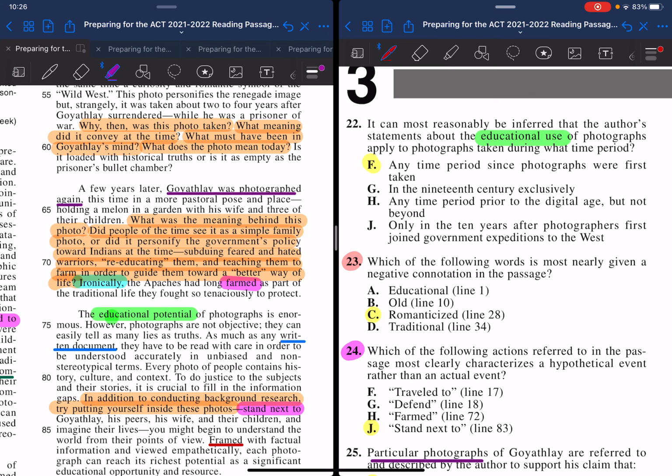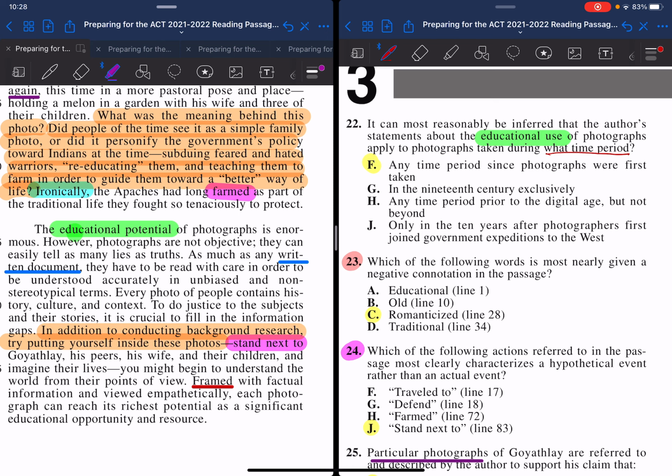It doesn't mention anything about the time period, because the photographs taken of Goloth Lay were taken at a specific time period. But what they're saying is that photographs in general, and when we're talking about photographs in general, that means any time period since photographs were first taken. This last paragraph is generalizing, talking about how photographs can tell the truth as well as they can tell lies. So that's why the answer here is letter F.